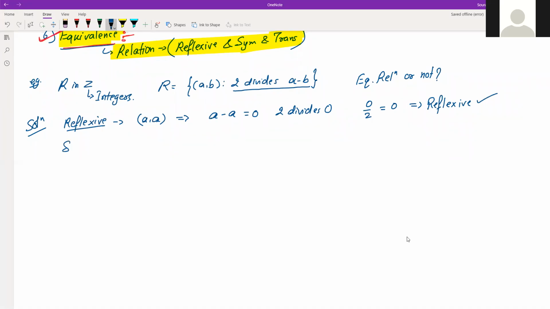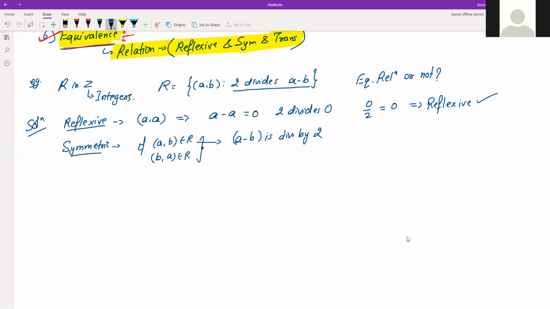Second property, whether it is symmetric or not. Symmetric means if (a, b) is there, then (b, a) should also be there in the relation. So if (a, b) is there, that means a minus b is divisible by 2.